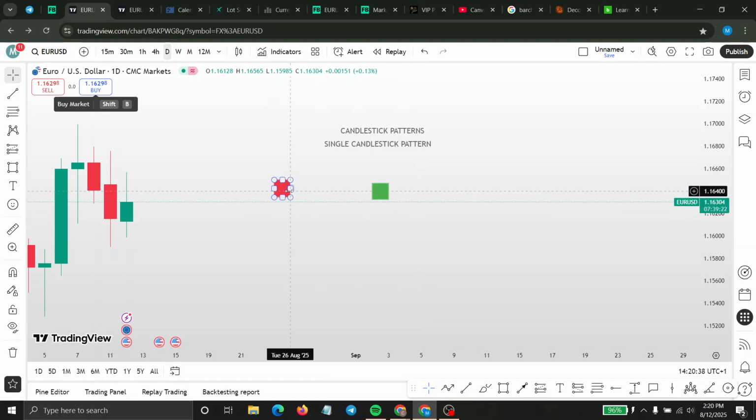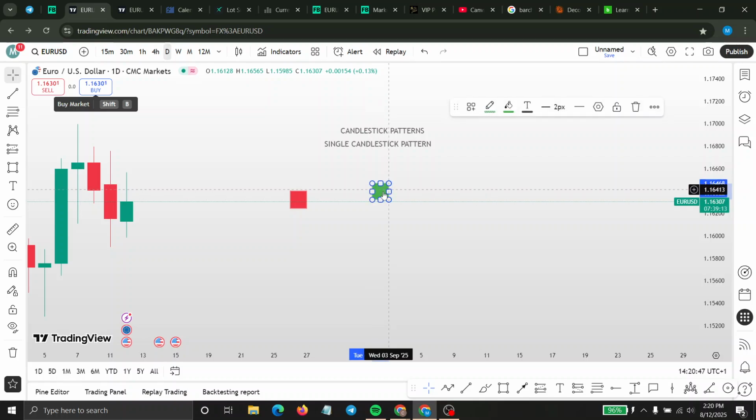You understand? Yes, sir. With a single candlestick pattern, we only need to see just one candle to either buy or sell.